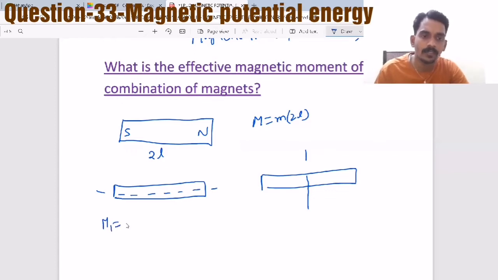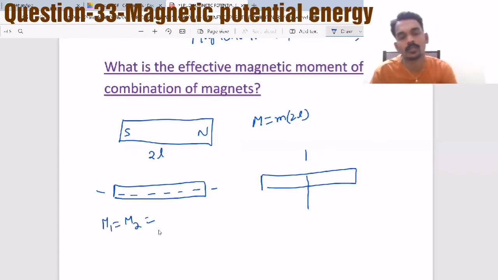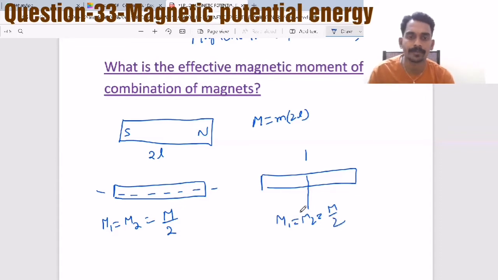In one case, M1 equal to M2 equal to M by 2: the length remains the same but the pole strength becomes half, so the magnetic moment becomes half of the initial one. And here the pole strength remains the same but the length becomes half, so here also M1 equal to M2 equal to M by 2.